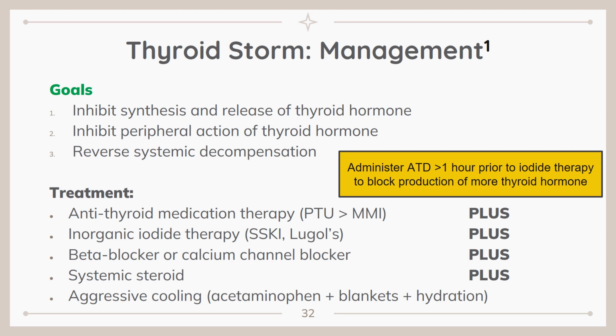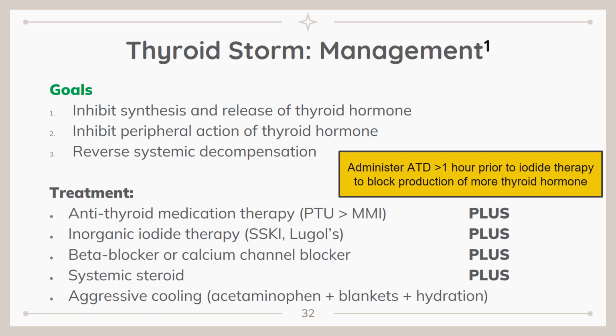So one of the treatments would be the antithyroid medication, the PTU or MMI that we learned about. Inorganic iodide therapy such as the Lugol solution, any beta blocker or calcium channel blocker for systemic relief, and then systemic steroids as well as aggressive cooling, which can be done a little quickly with Tylenol, blankets, as well as hydration.